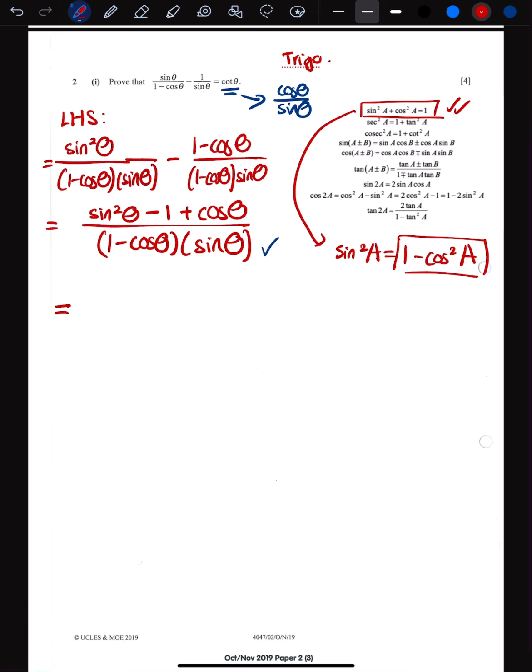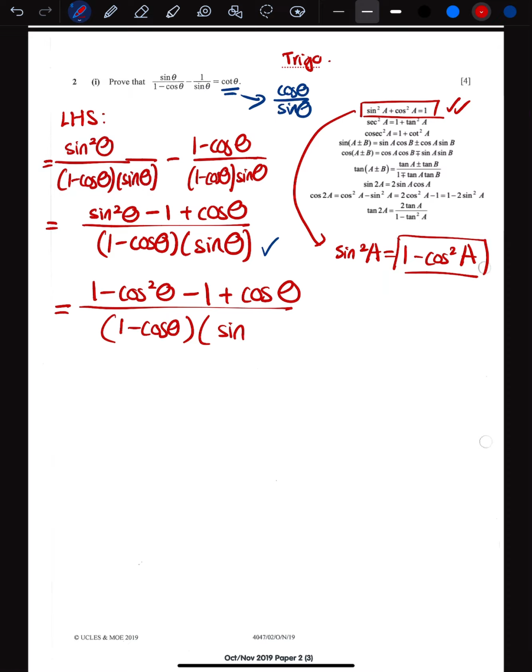So over here, instead of sine square theta, it becomes 1 minus cosine square theta, minus 1 plus cosine theta over 1 minus cosine theta sine theta.